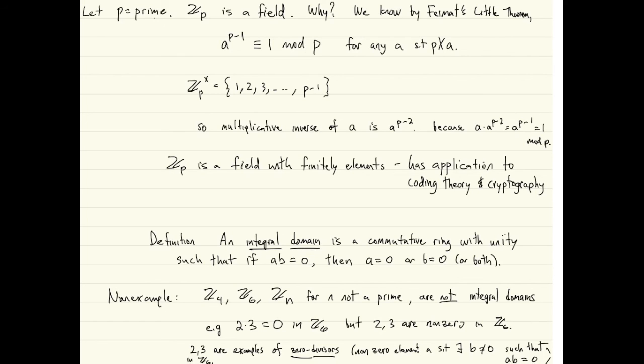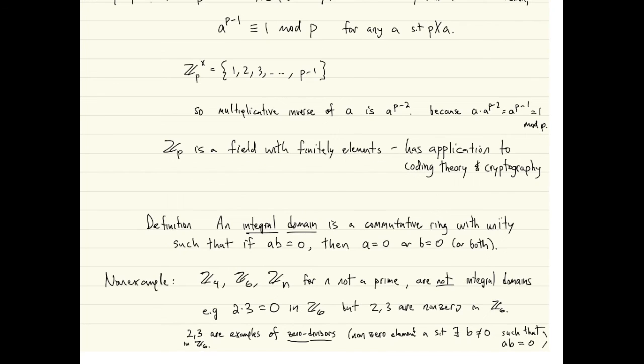And the 2 and 3 then are examples of what's called zero divisors, namely non-zero elements a, so that there's some other element b so that a times b multiplies to 0, even though a and b are not 0. So again, this is what can happen in something that's not an integral domain.